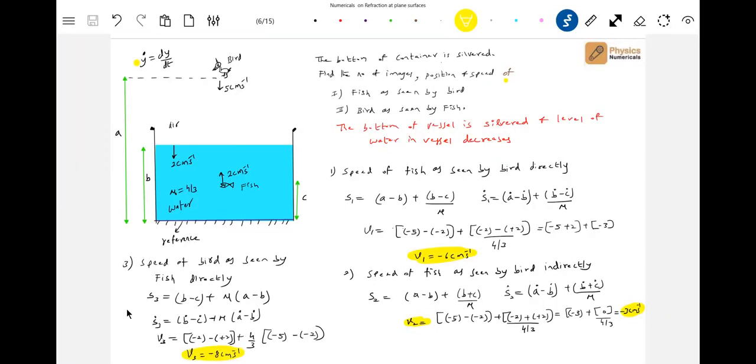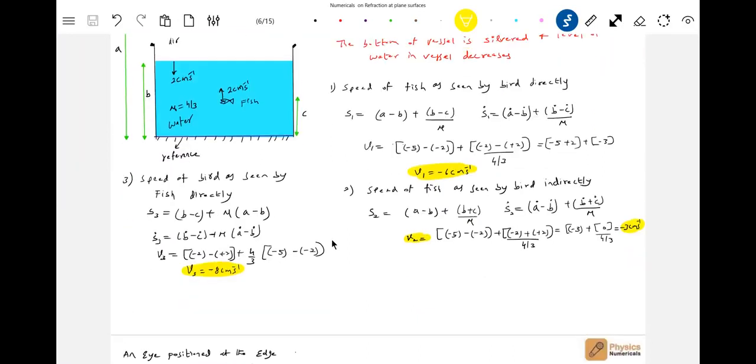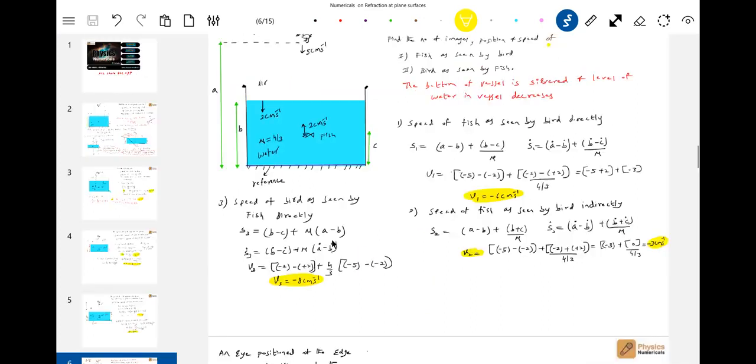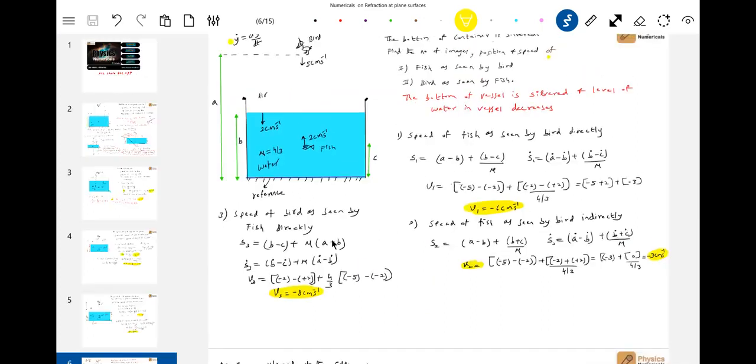Okay, speed of bird as seen by fish indirectly. It will see through the mirror. S4 is equal to first, at what distance is the fish from the boundary?